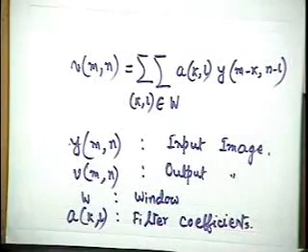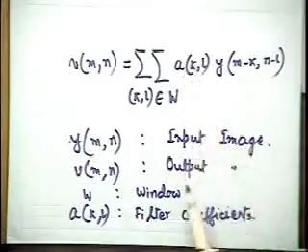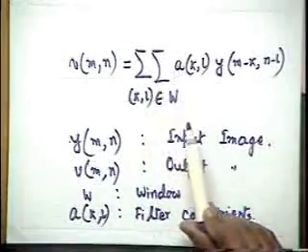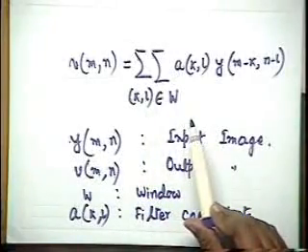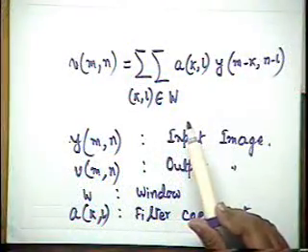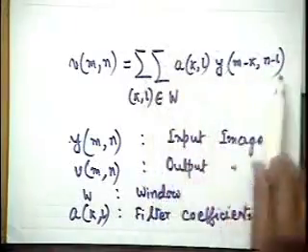So what are we doing? We are taking the input image pixels and multiplying the pixels by their corresponding filter weights. And then we are summing them up. Summing up over what region? Summing up over a small neighborhood region, a small window W. So it is nothing but a weighted summation of pixels.